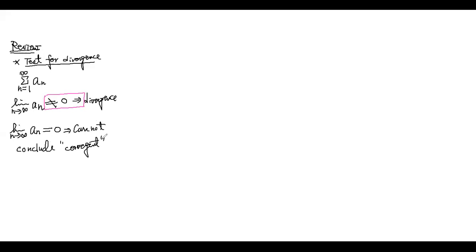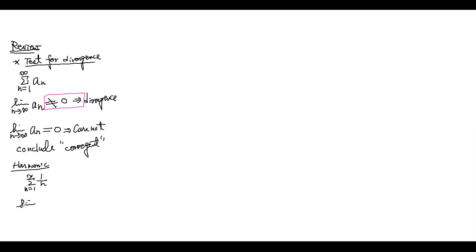This is where a lot of students make mistakes: they see that the limit of a_n is 0 and just say this is a convergent series. That's not true. One of the most famous series is the harmonic series, the sum from n equals 1 to infinity of 1 over n.